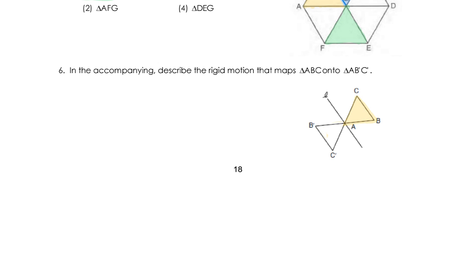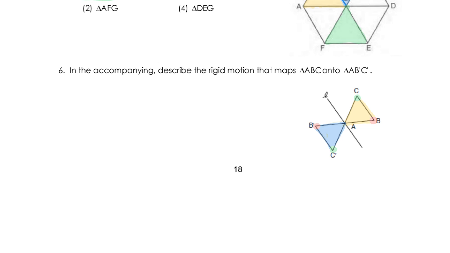And we want it to become triangle A prime, B prime, C prime. So this one's nice because they use the primes so that we don't have to go and highlight the points. We know B is going to go to B prime. And we know C is going to become C prime. And we know A is going to stay A.